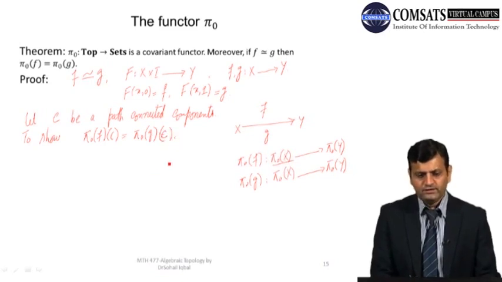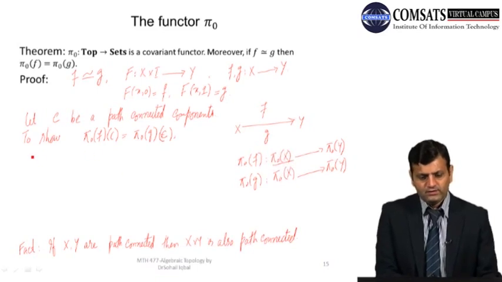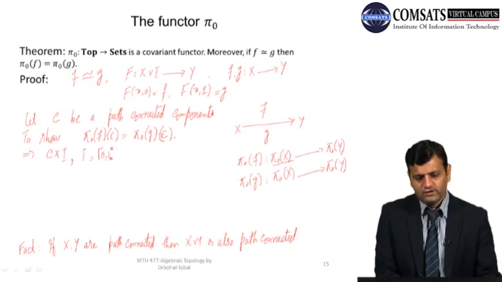Now we know a simple result, a fact we are going to use: if X and Y are path connected, then X cross Y is also path connected. So this implies C cross I, where I is the closed interval 0 to 1, is path connected.